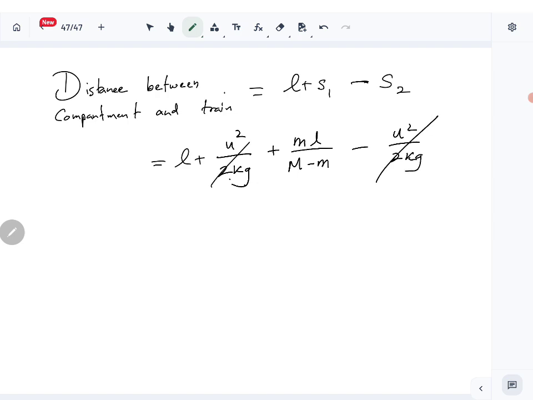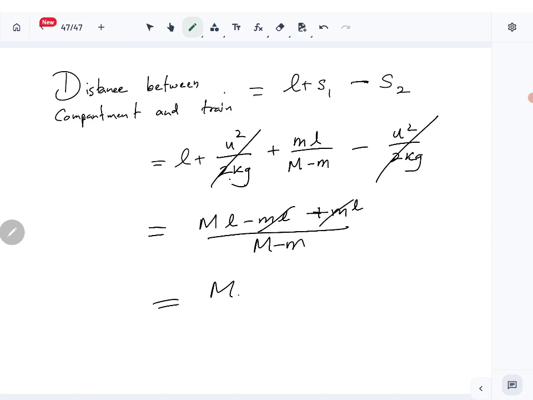So these two cancel. Simplify: mL over M minus m, plus L, which is ML over M minus m. So then we have what we want. This is the distance between the compartment and the train when they both come to rest. Right, so that is the fourth question in the applied.